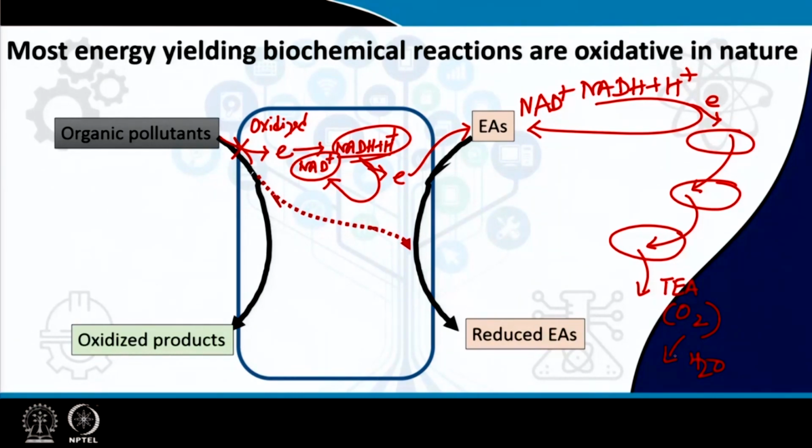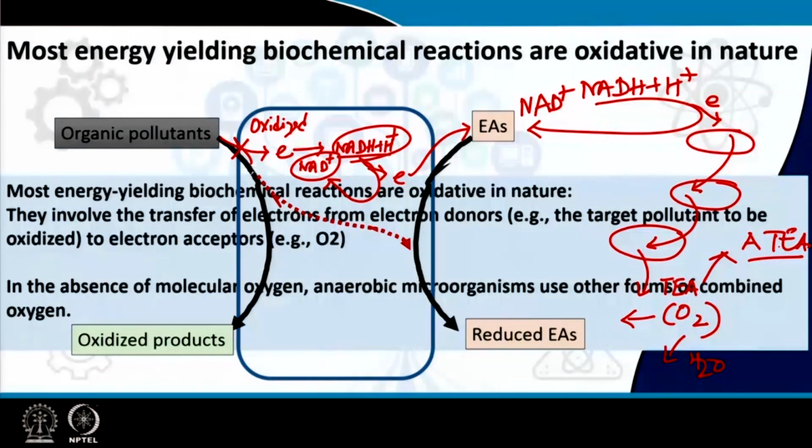So, basically what I want to discuss here is that oxygen is preferred, because under aerobic condition it is the thermodynamically most preferable substrate. The microorganisms will be very happy, they will grow utilizing the organic pollutant, but very soon the oxygen level might fall because of diffusional barriers and many other factors. So, it will switch to alternate TEAs, and these alternate TEAs will play a very important role.